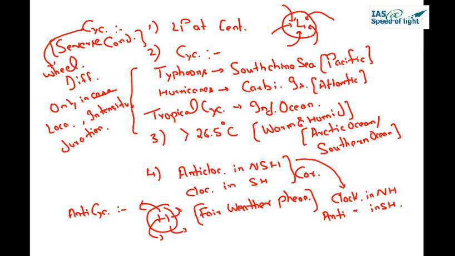So in this, what happened? The air is going to move as a wind, like a wheel, right? Air rises for the cyclones, descending for the anticyclones. So this is what we actually require to think about logically for cyclones and anticyclones.